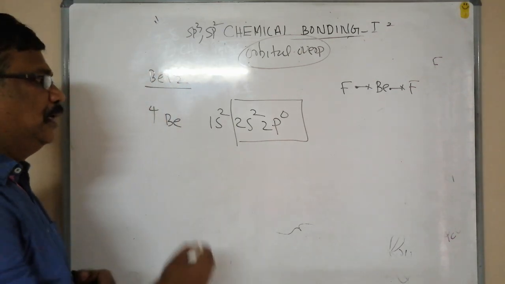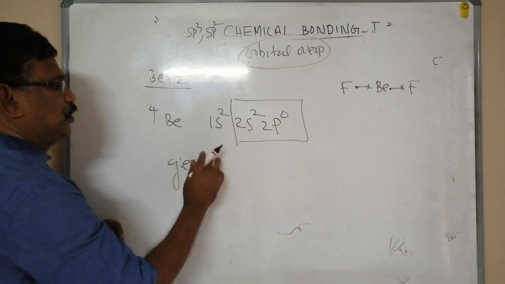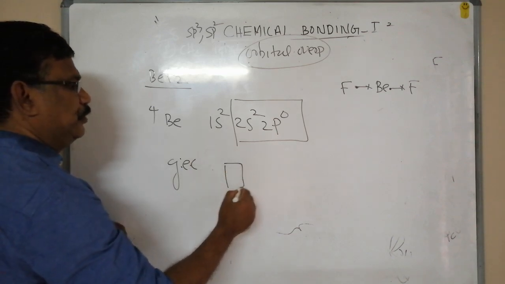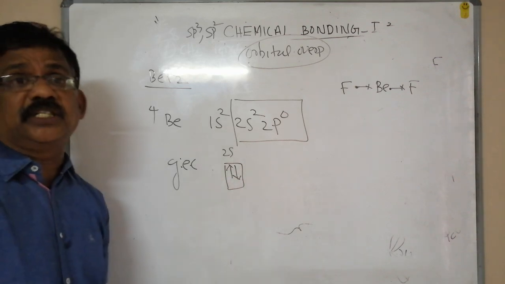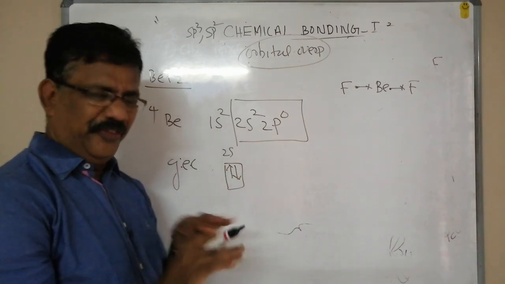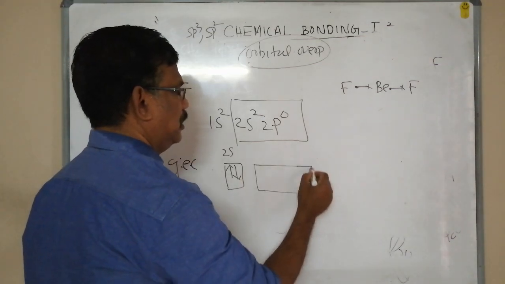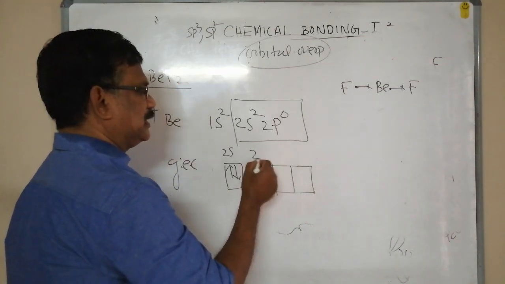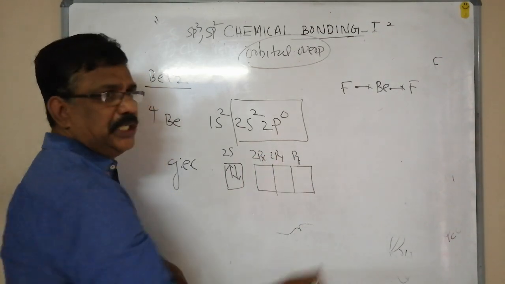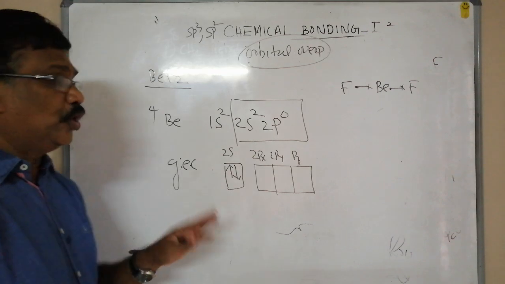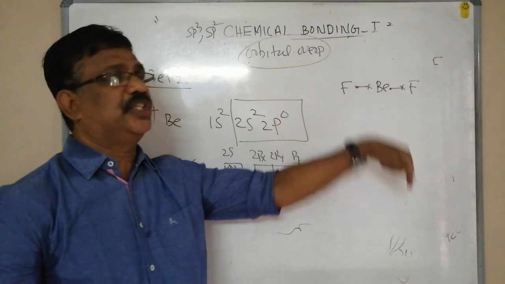Ground state electronic configuration: 2s2 is paired, fulfilled, fully filled. 2px, 2py, 2pz are empty, three orbitals, 2p0. So no combining capacity in the ground state, but actually it is bivalent.